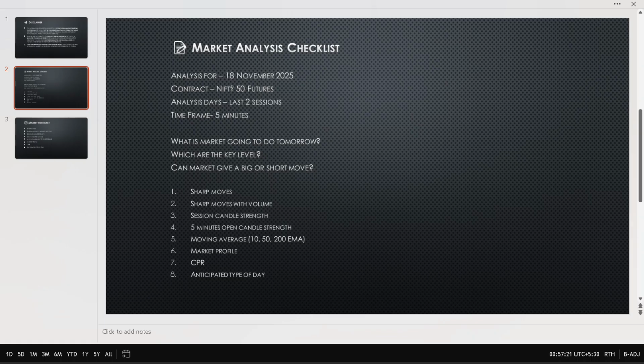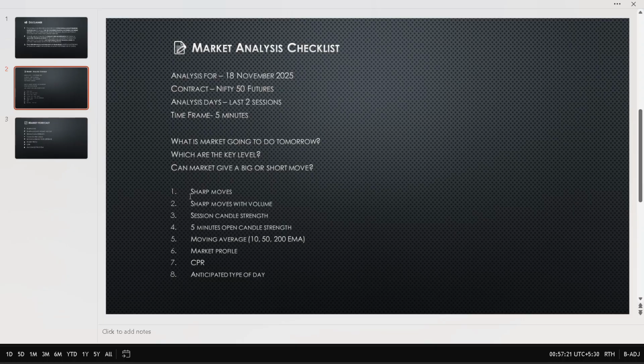We will choose a time frame of 5 minutes. Post the analysis, we will come to some points wherein we can understand what the market is going to do the next day, which are the key levels, and whether the market can give a big or a short move.